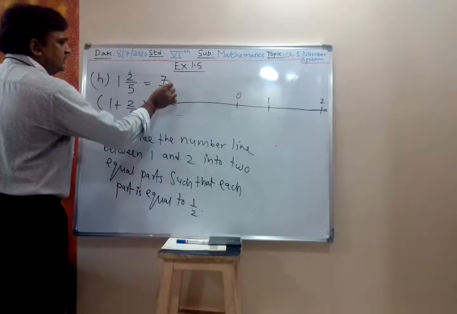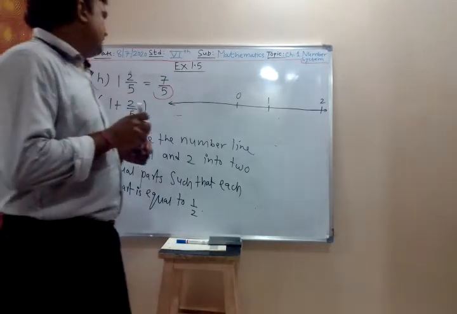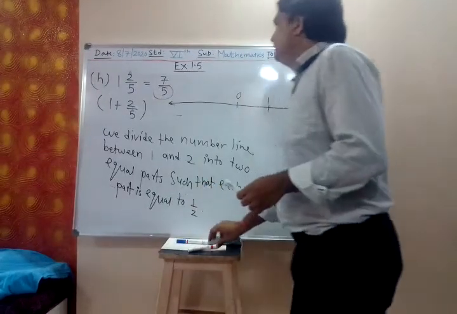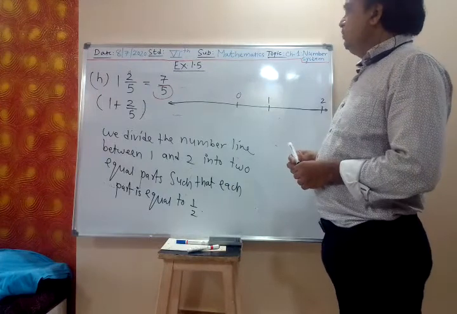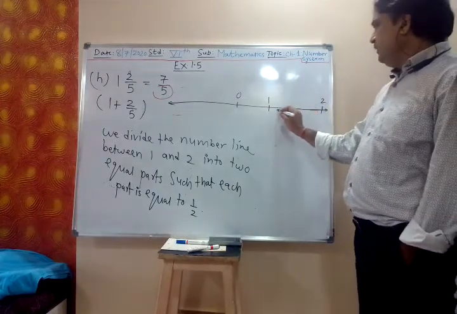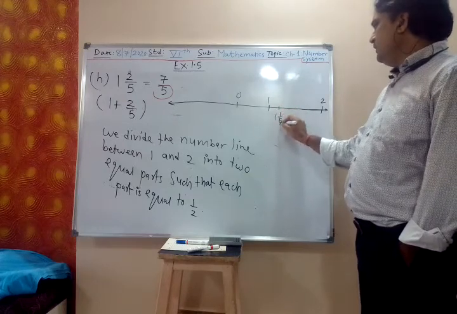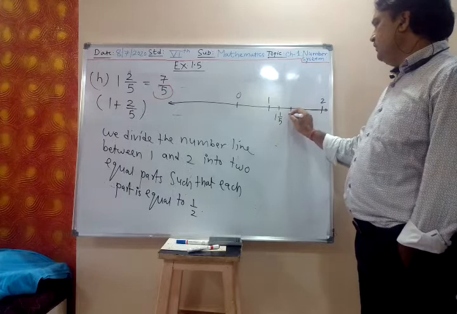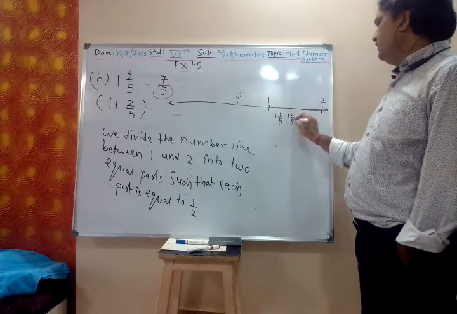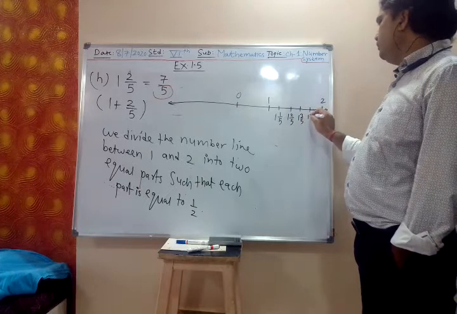Denominator is 5. So first part will be 1 and 1 by 5, second part 1 and 2 by 5, third part 1 and 3 by 5, fourth part 1 and 4 by 5.